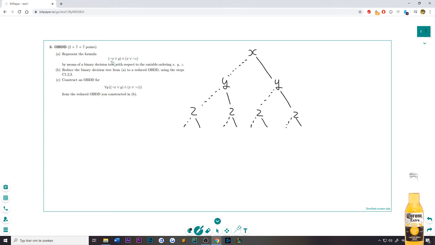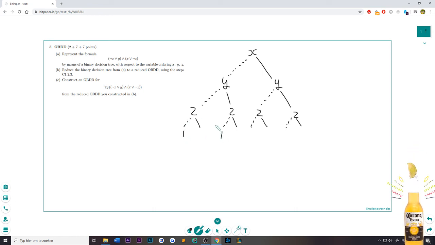And now we need to look at what the formula is saying. Well, the formula is saying if we have not x or y, then the tree is going to be true. No, wait, I'm lying. You can look at it this way. If we have not x, then we can't have x, right? So if we have not x and we have not z, then we're going to have a 1.